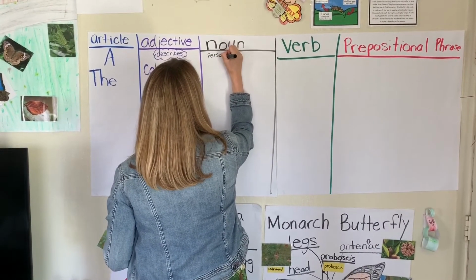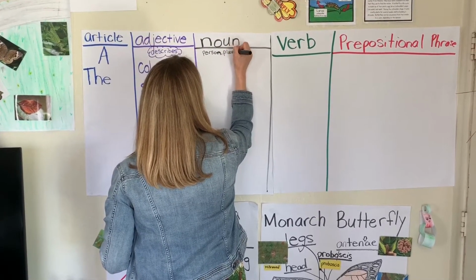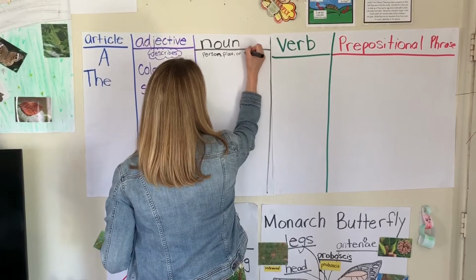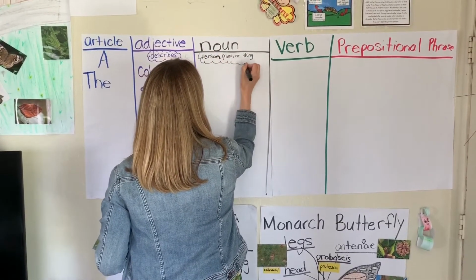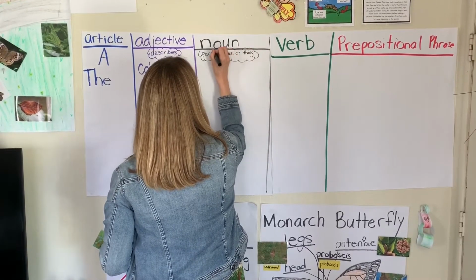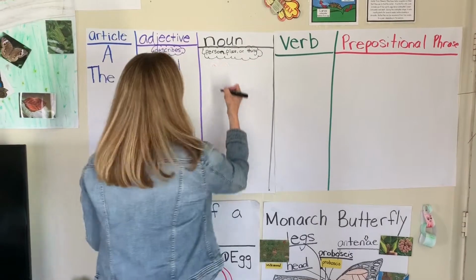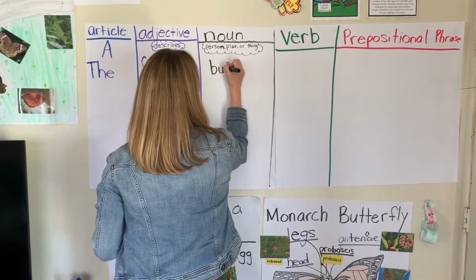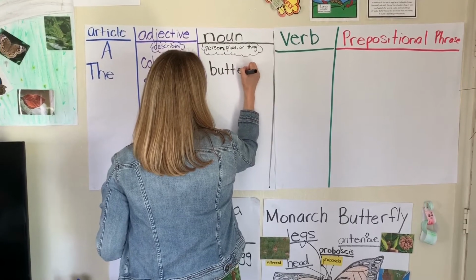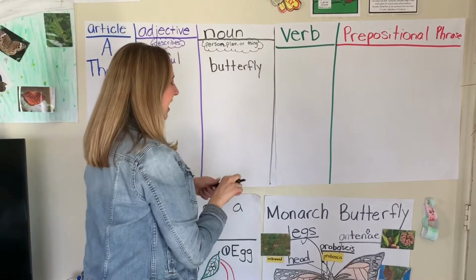Person, place, or thing. So since we're talking about butterflies, they are our noun. A butterfly is a thing. So I'm going to write the word butterfly. Okay, so butterfly is our noun today.